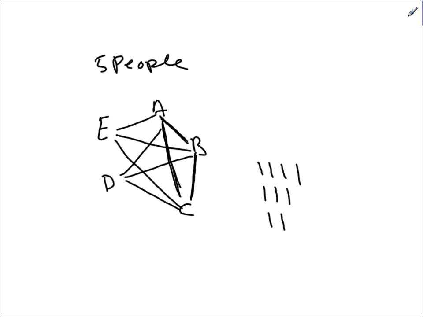Now D. D shook hands with everyone except E. And E already shook hands with everyone. So basically it's 4, 3, 2, and 1, which is 10. There will be 10 handshakes.